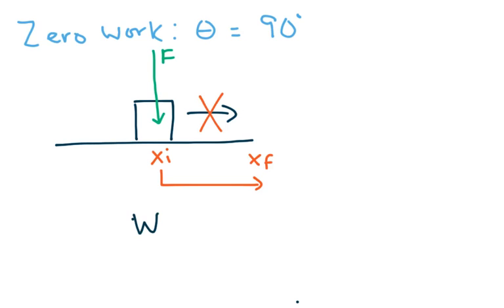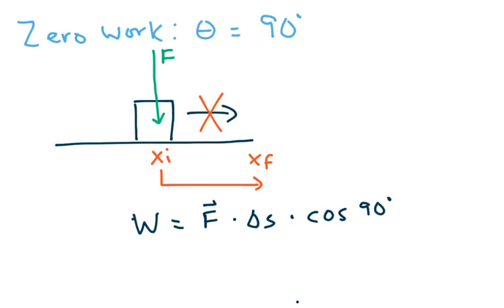We see work is going to be equal to the force times the displacement times cos of 90 degrees. Right? 90 degrees instead of 0. So if you cos 90 degrees, you get 0. Remember this from all of our vector work, right?